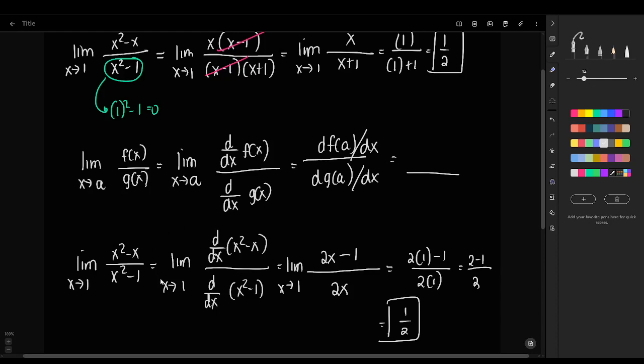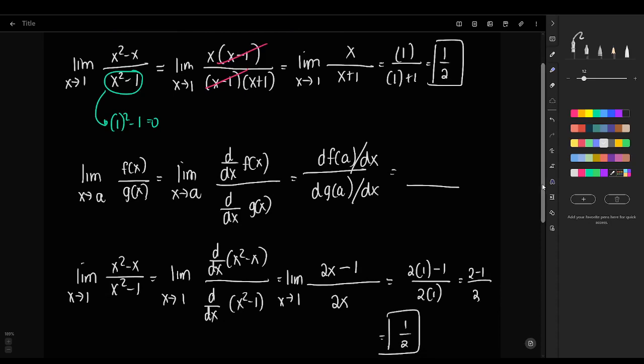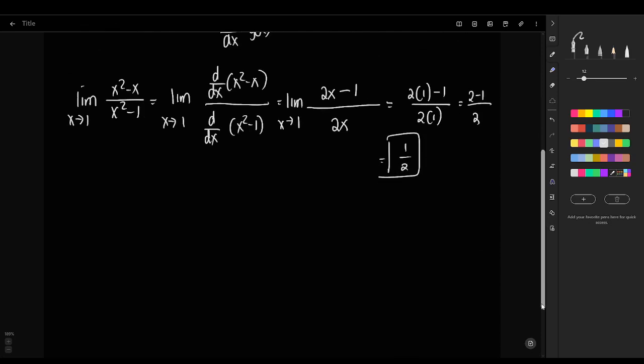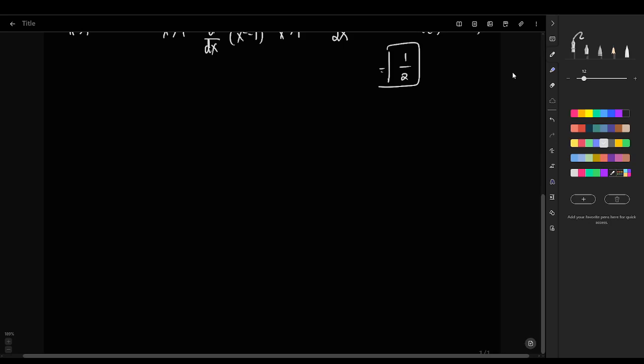Let's just say you are using L'Hospital rule in your second solution. Okay, so that is basically it, no? That is just how you perform the L'Hospital rule with the indeterminate forms. What else you could consider is that there might be some indeterminate forms that you really cannot use L'Hospital rule with, so be careful.